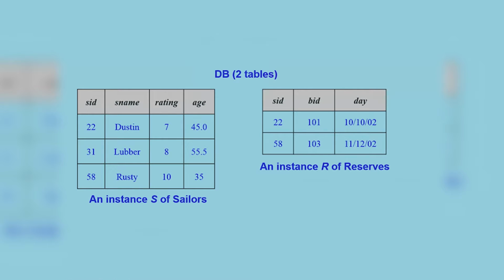We have two tables in the database, sailors and reserves. Query 9. Find the names of sailors who have reserved boat number 103.